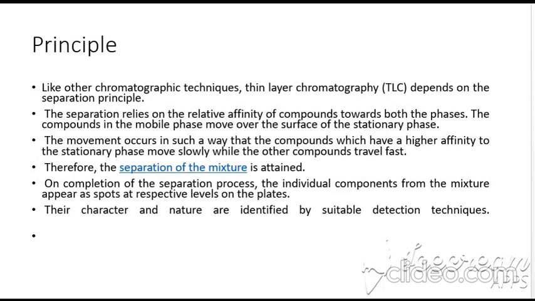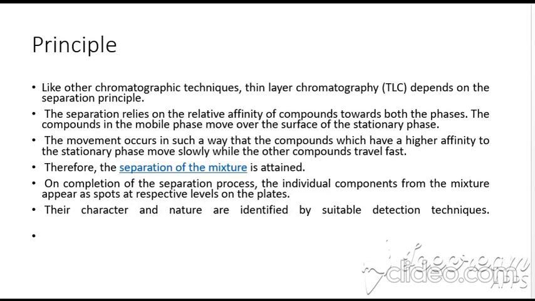Paper chromatography is partition chromatography, but thin layer chromatography is called adsorption chromatography, also called TLC or solid-liquid chromatography. The mobile phase is always a liquid, but the stationary phase in TLC is a solid, such as silica gel, cellulose powder or alumina, which are coated on a glass slide or alumina foil or any sheet.